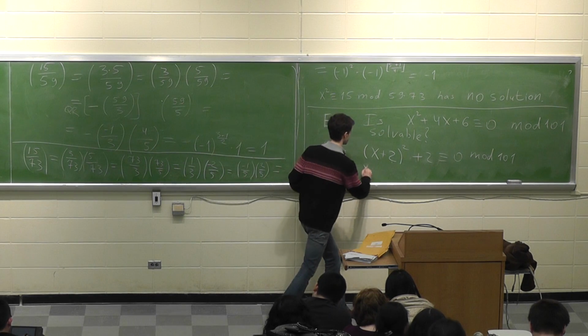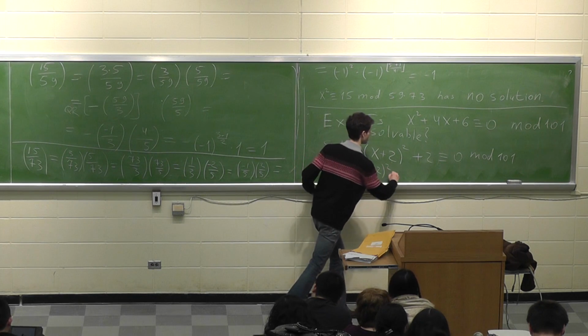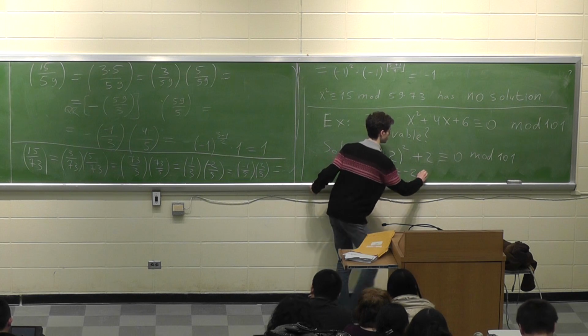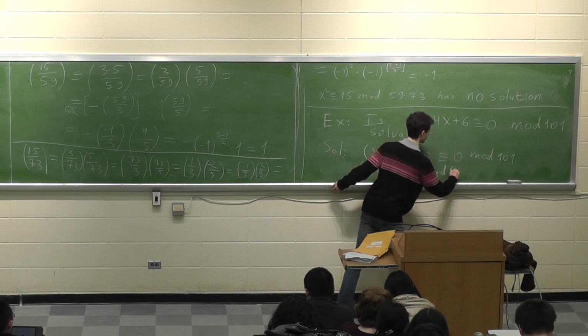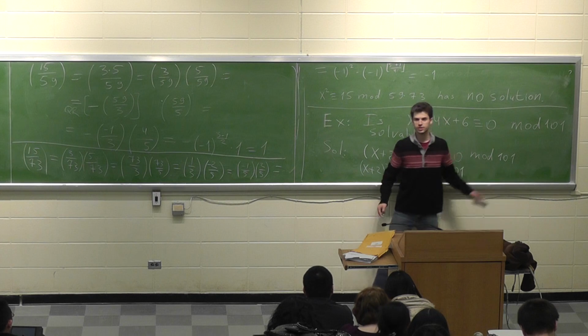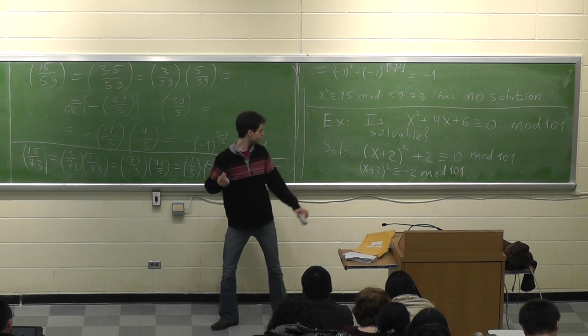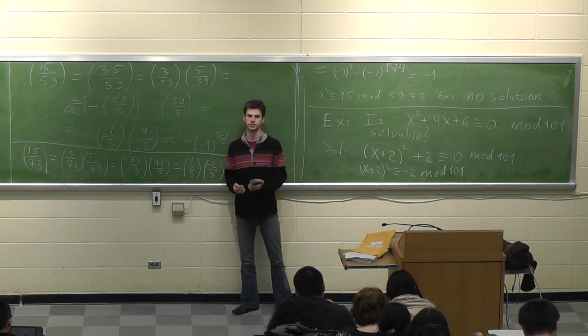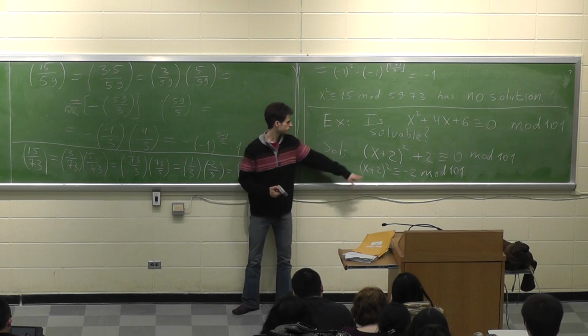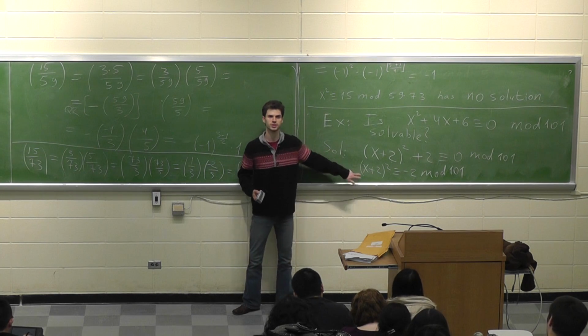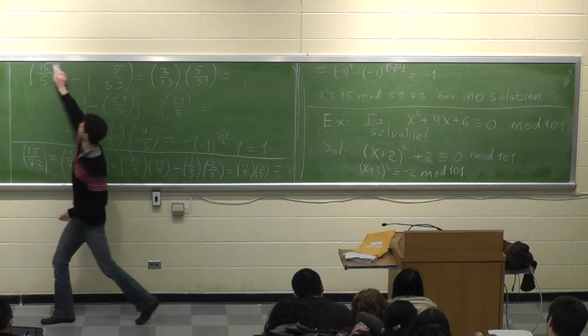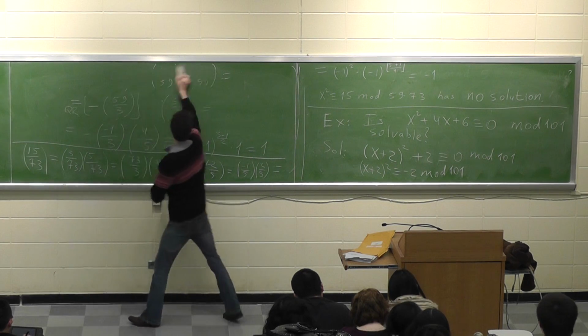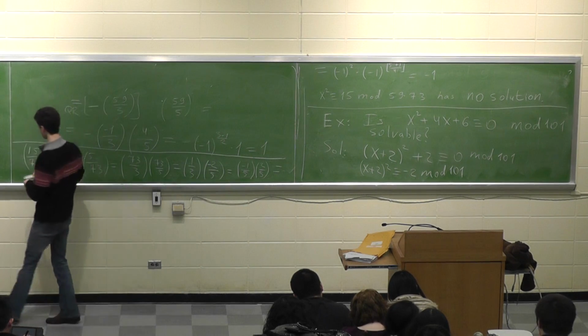Let me rewrite it as x plus 2 squared is equal to minus 2 modulo 101. It has a solution if and only if minus 2 is a square of something. If it is a square of something, subtract 2 and you will get x.